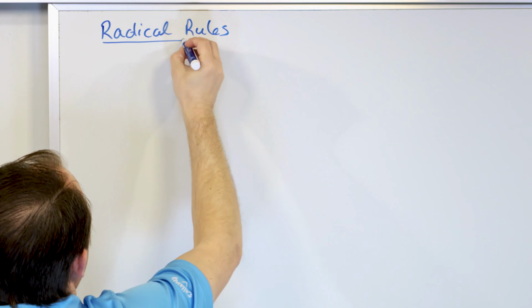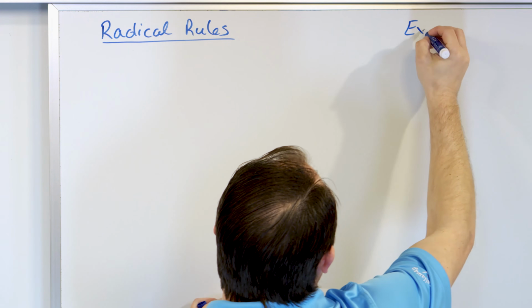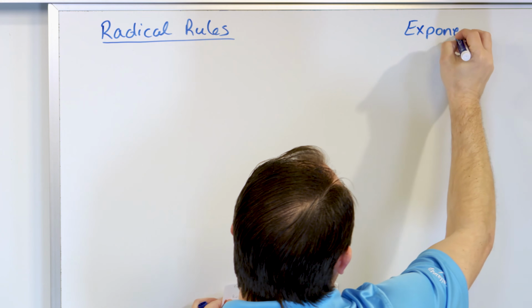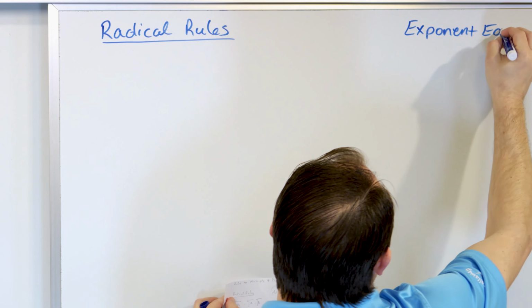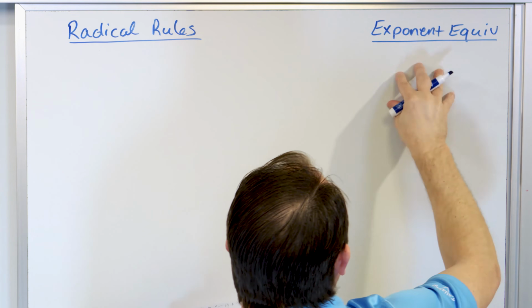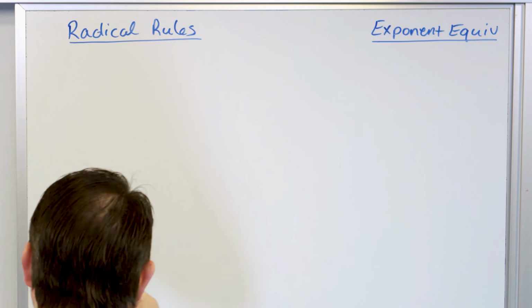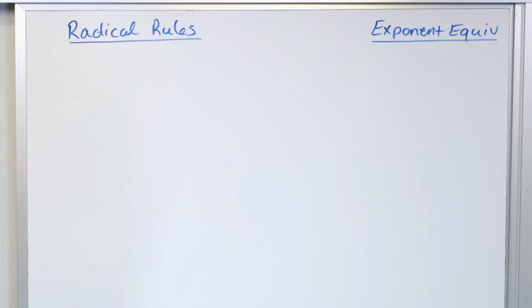These are the rules that we're going to be using to simplify these radicals. And over here, I'm going to call it exponent equivalent. In other words, this is what the rule will look like if you wrote it in terms of exponents. And you're going to see that these radical rules come directly from the concepts of exponents that you already know.